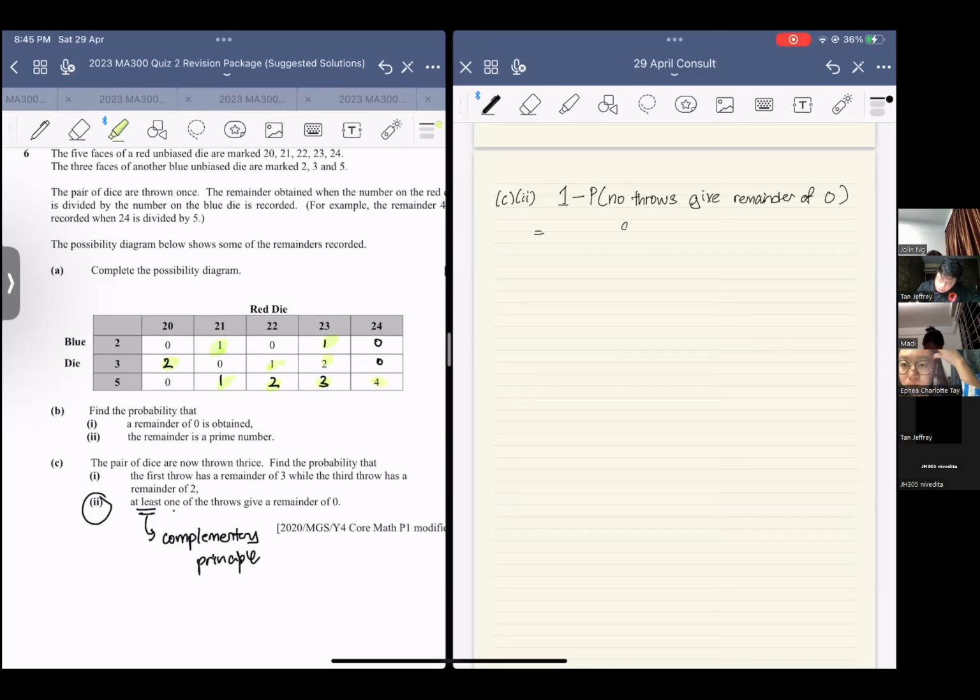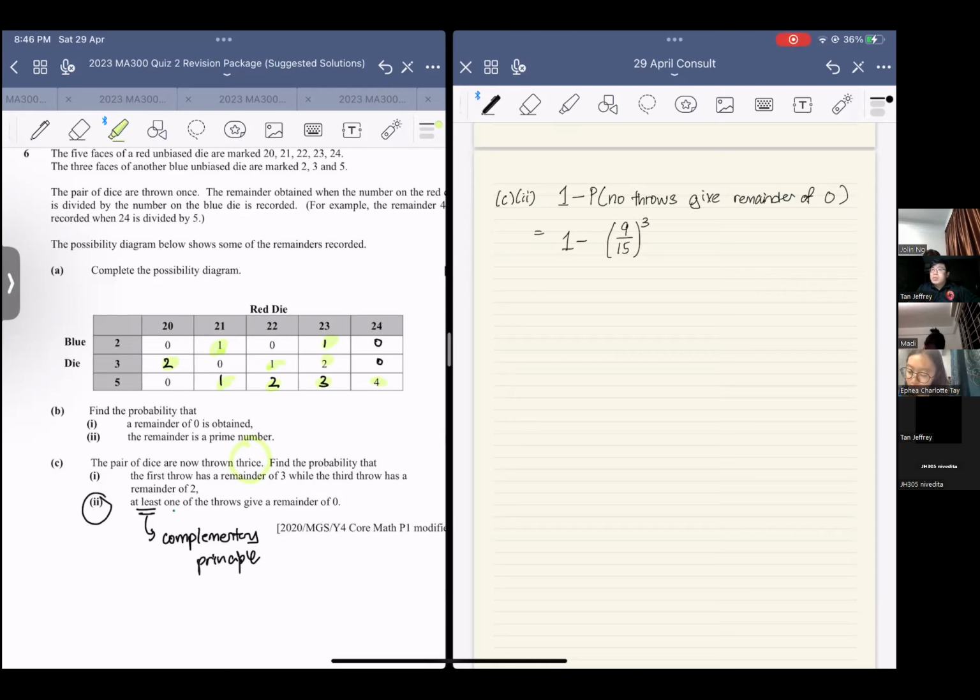In one throw, it will be 9 out of 15 that the remainder is not 0. For 3 throws, it is power 3. So I take 1 minus the probability that no throws give me a remainder of 0.